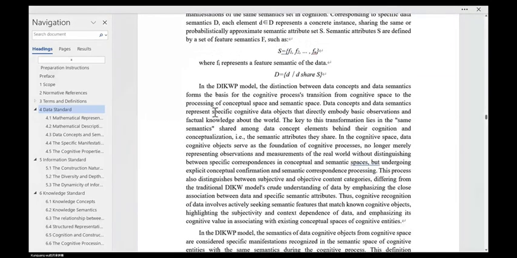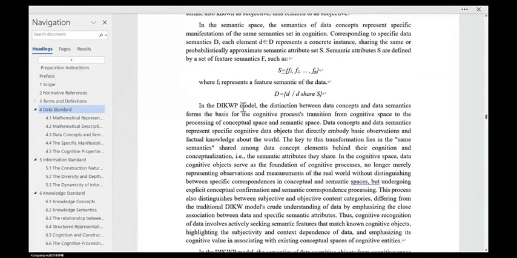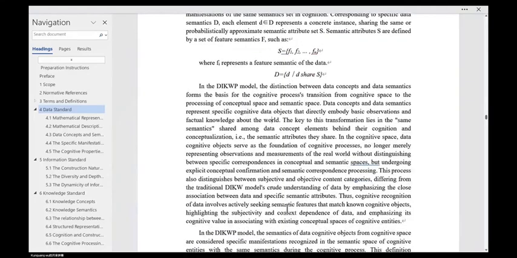The fourth paragraph is in the DIKWP models, beginning to its cognitive value in association with existing conceptual space of cognitive entities. Anyone have question in the fourth paragraph?